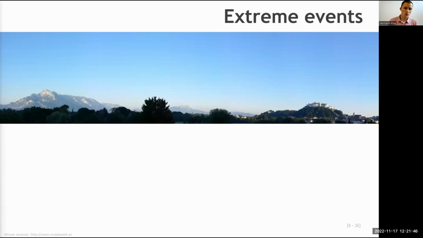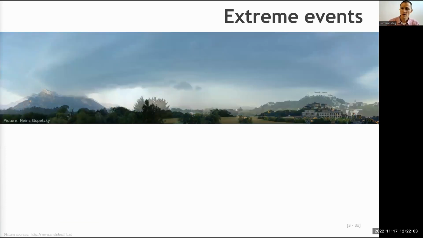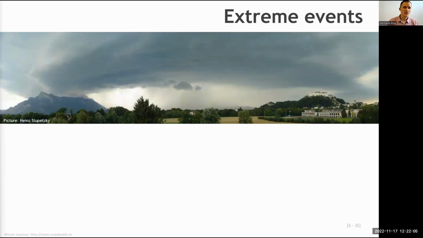When one of those extreme events happened, I by accident took a picture from my office in the morning. It was looking like this. And the weather forecast was also like, okay, it's getting worse over the day. This is the picture 2 hours later.